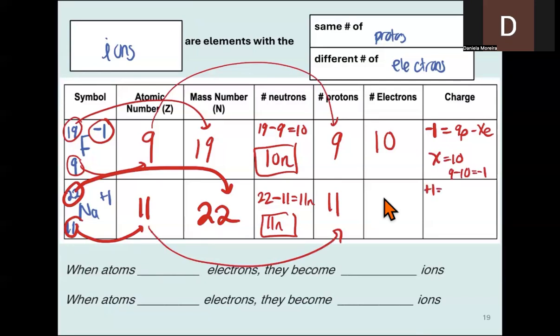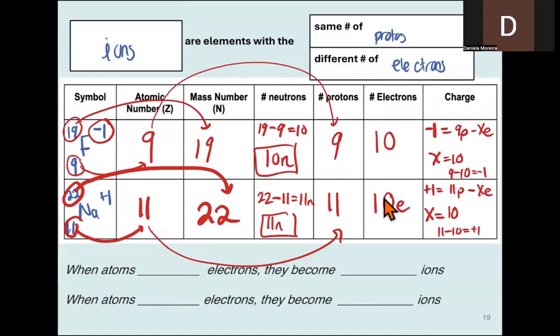So +1 is equal to 11 protons minus a number of electrons. The only number that could make this equation true is 10, because 11 minus 10 is equal to +1. So there must be 10 electrons.